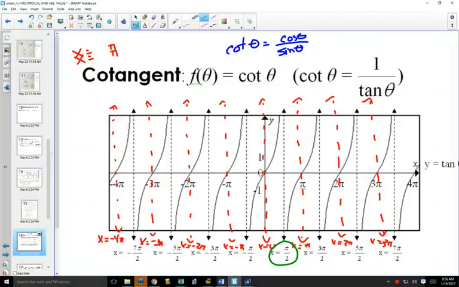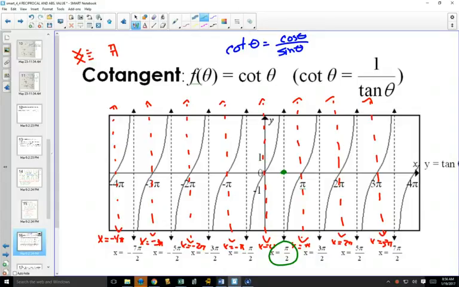What is cos of pi over 2? Think about your pi plate. Cos is your x coordinate. Pi over 2 is at the top. Your x coordinate would be 0, because the coordinate would be 0, 1. So if you thought about cotangent as cos over sine, then at pi over 2, cotangent would be equal to 0.